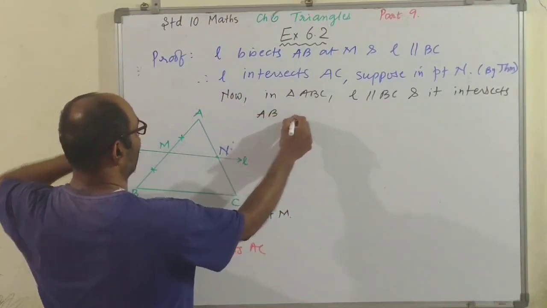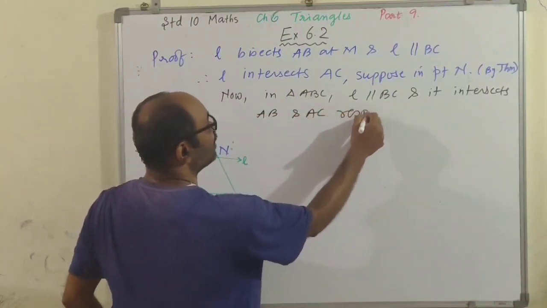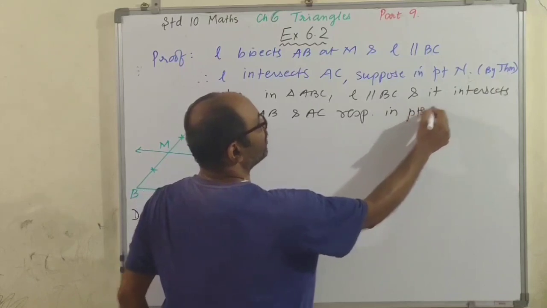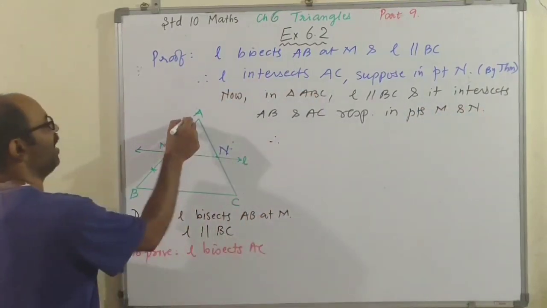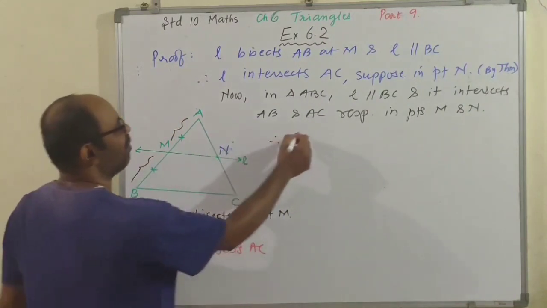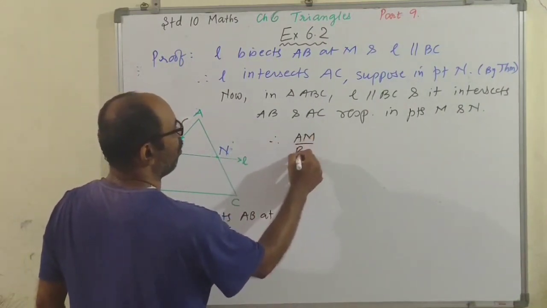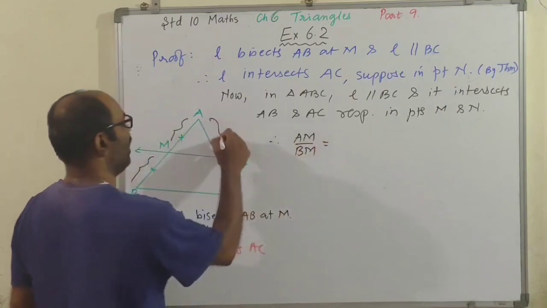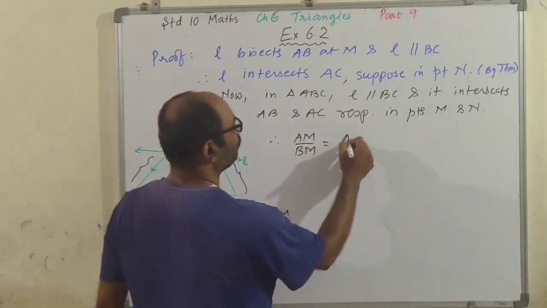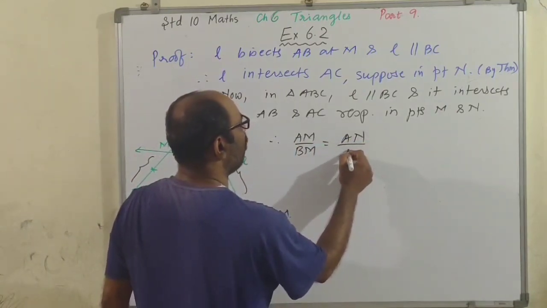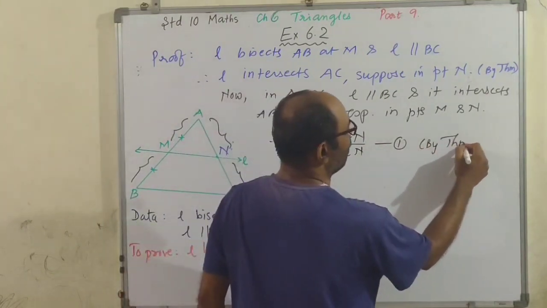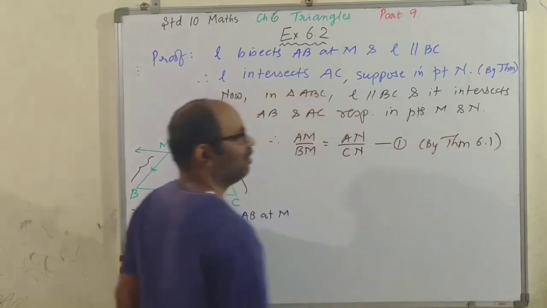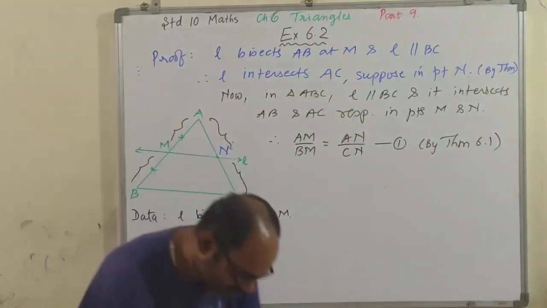The other two sides, AB and AC respectively, in points M and N. Therefore, AM upon BM is equal to AN upon CN. Result 1 by theorem 6.1. The number is fresh in our mind, so we can write it.